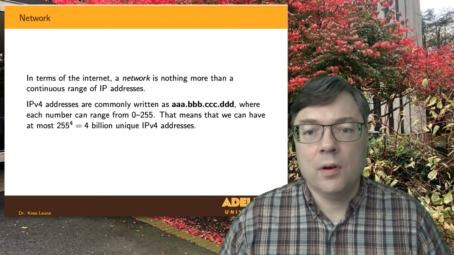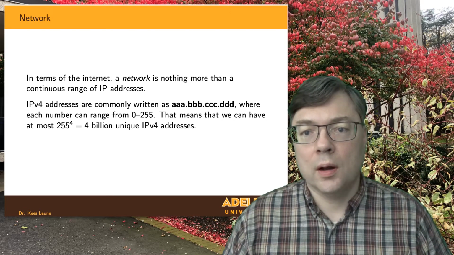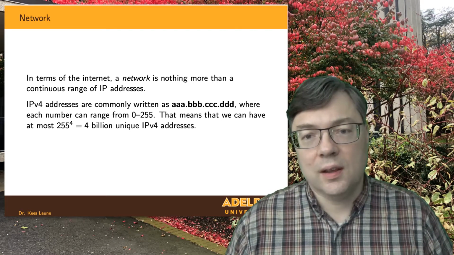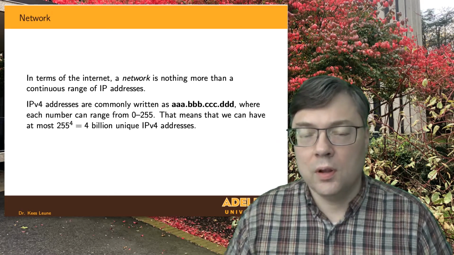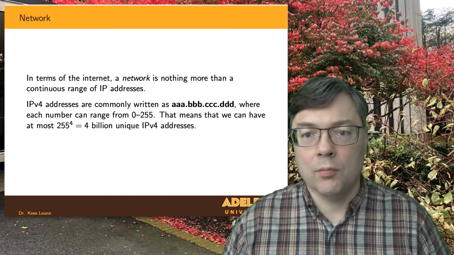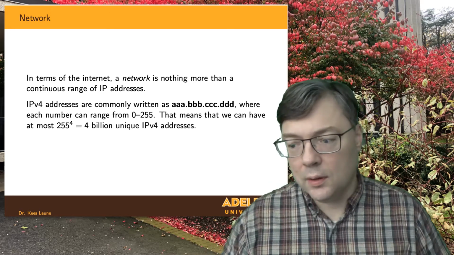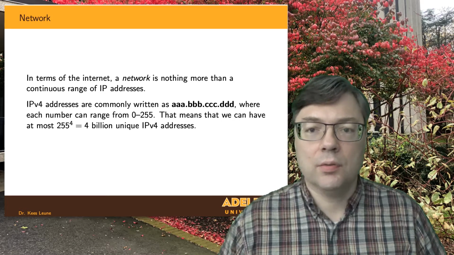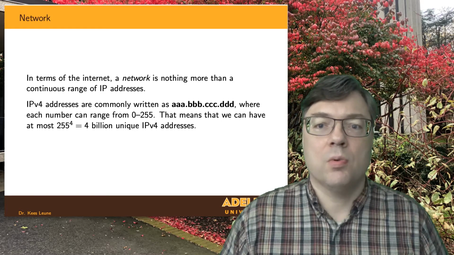One of the key differences between IP version 4 and IP version 6 is that an IPv6 address is much longer. It contains more digits, and as a result I can have more possible combinations. IP version 4 addresses are scarce. There are not enough addresses for everyone who would want one.